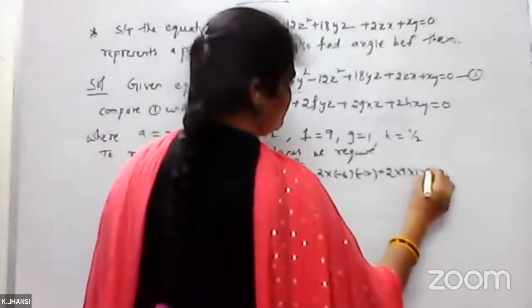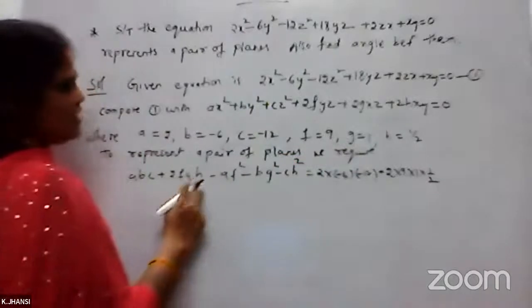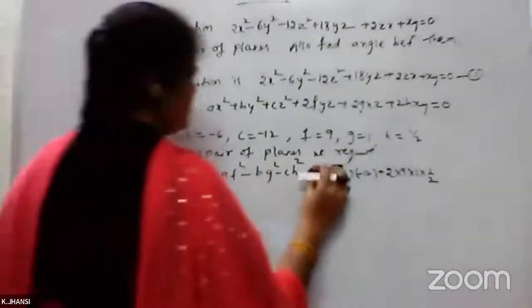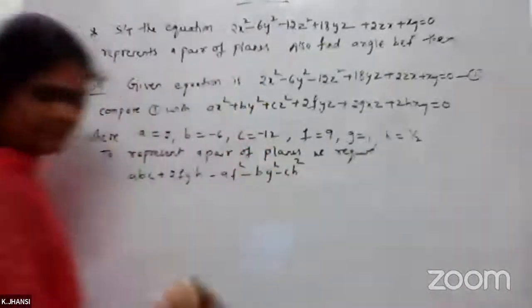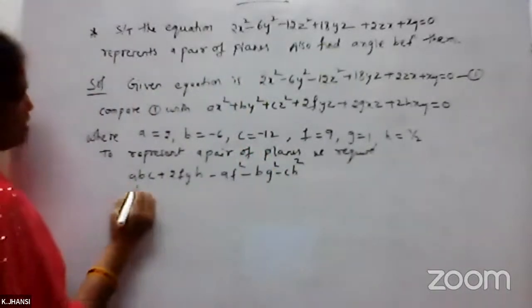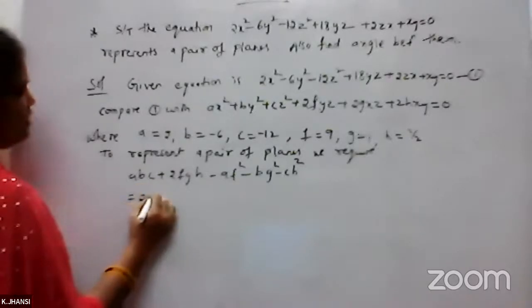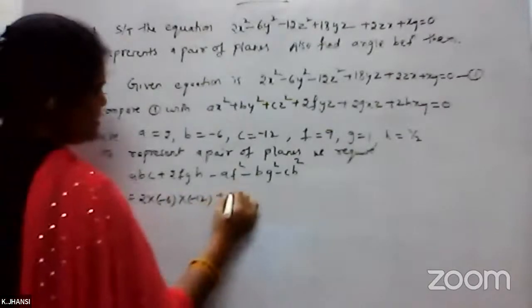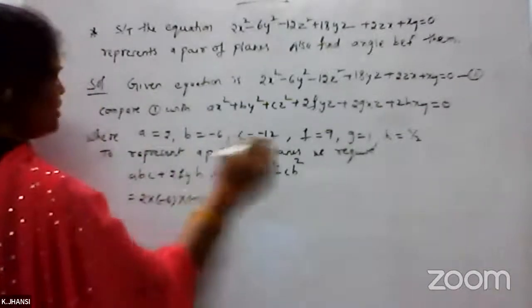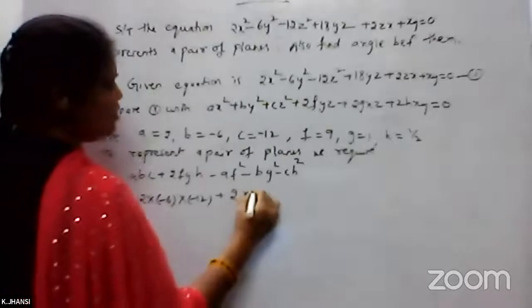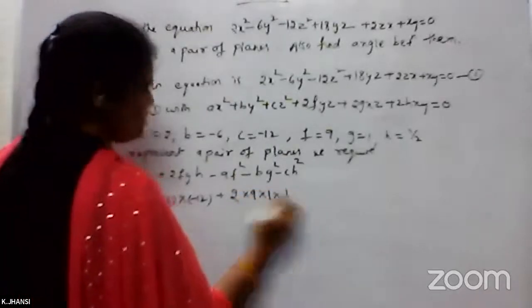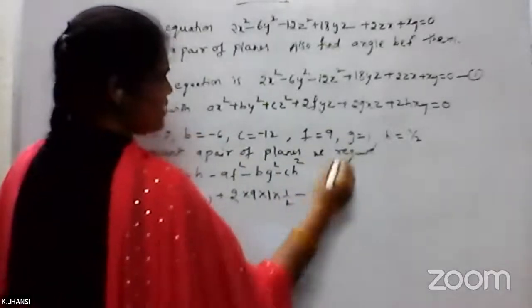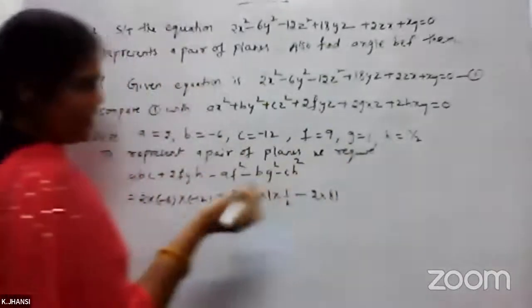So 2 into 9 into 1 into 1 by 2, GH. It equals 2 into minus 6 into minus 12 plus 2 into 9 into 1 into 1 by 2 minus A value 2 into F square, 9 whole square is 81.